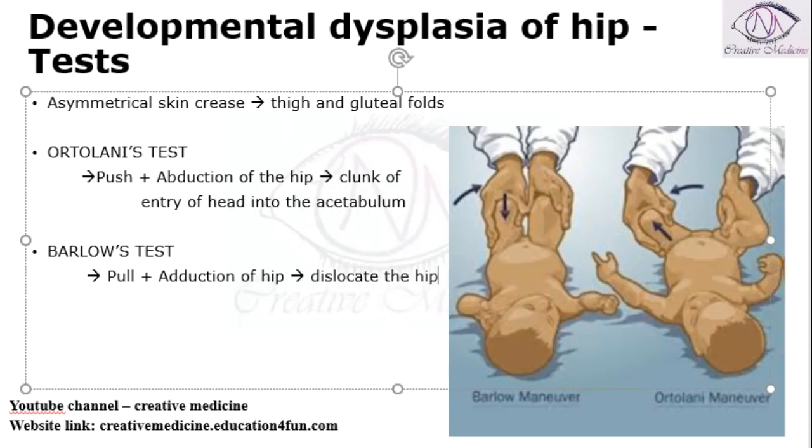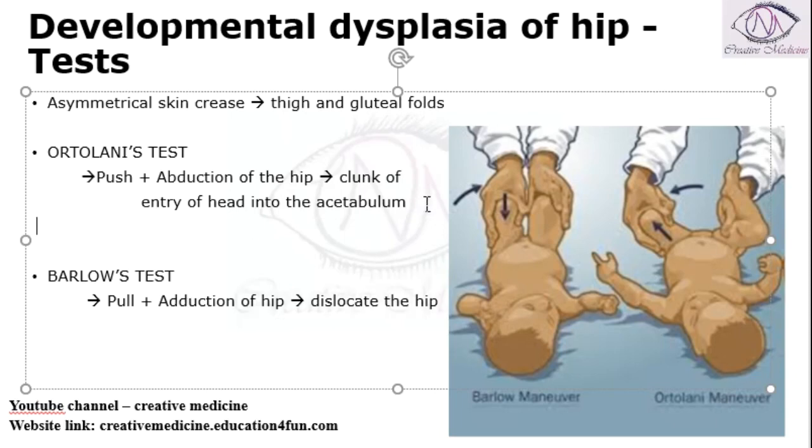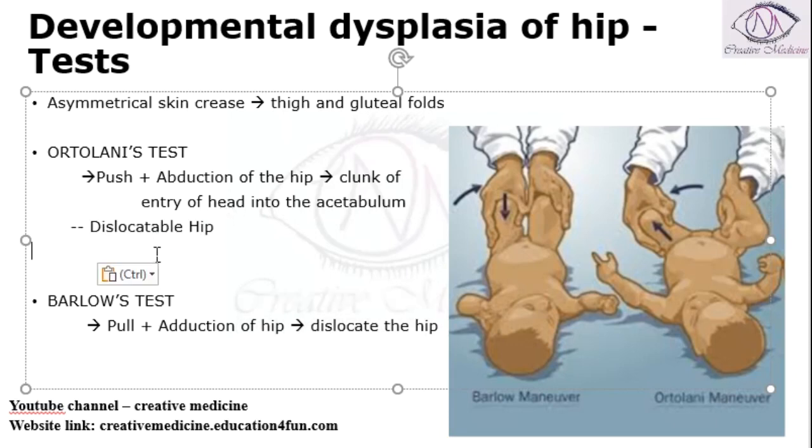So this is Barlow's test. So what is the difference? Ortolani's test states that the hip is dislocatable. The hip is not yet dislocated in Ortolani's test, but it can be dislocated.